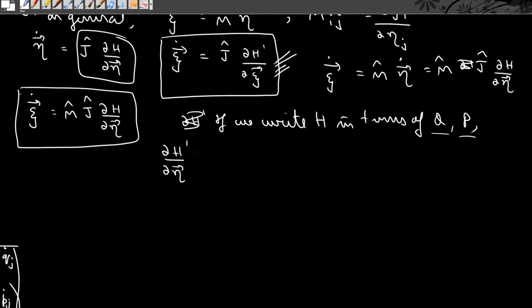So this is going to be equal to summation over j dou H dash by dou psi j times dou psi j by dou eta. Correct?